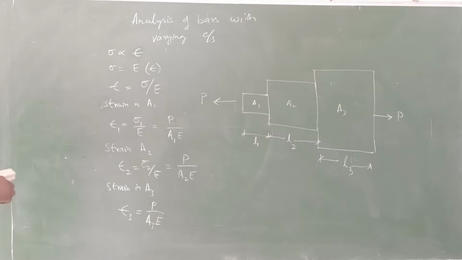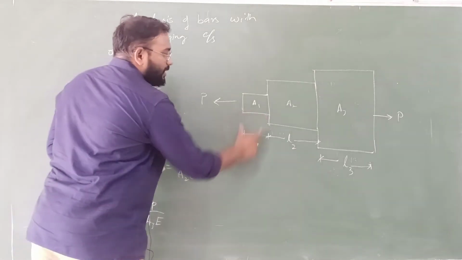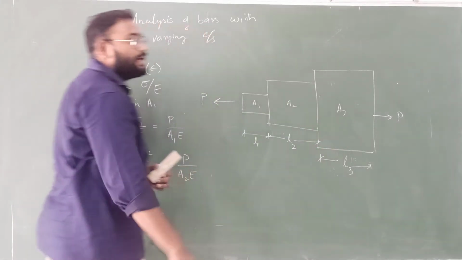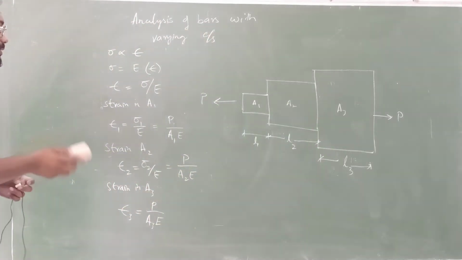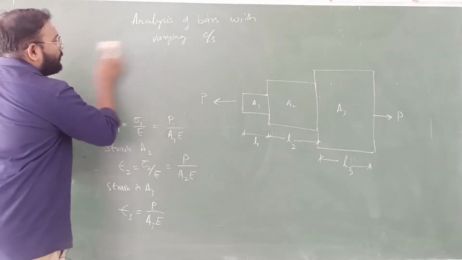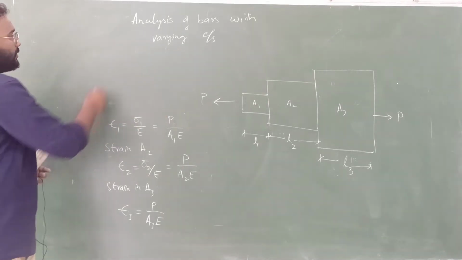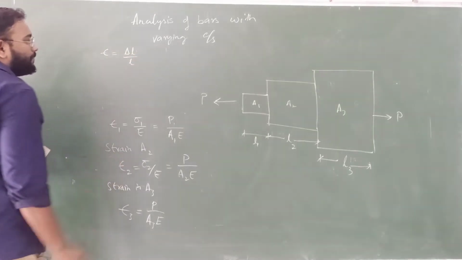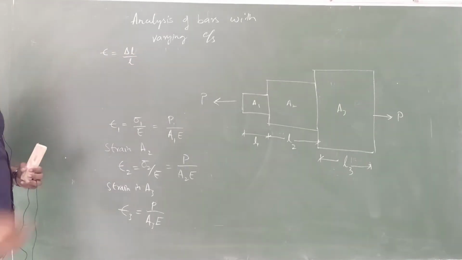Similarly, if you want to know the change in length of component A1, A2 and A3, you can calculate that using the formula for delta L. Epsilon is equal to delta L by L, change in length upon original length.